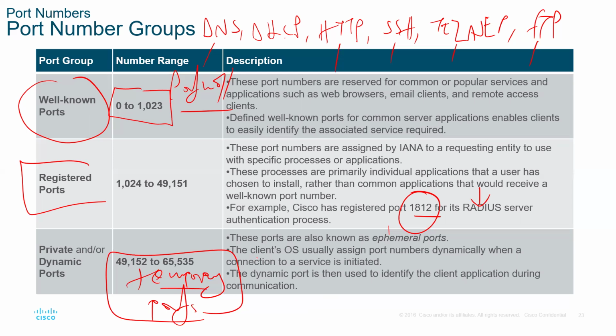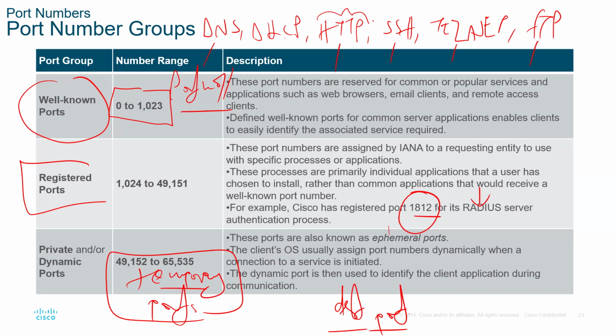What is important is the destination port, because this one is very much linked to the service, the application, the protocol. So if I'm communicating via HTTP, my destination port will definitely be port number 80.